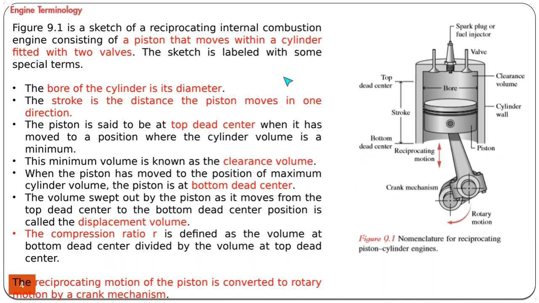So the total volume is just the summation of displacement volume plus the clearance volume. There is also the compression ratio, which is the volume at the bottom dead center divided by the clearance volume. So it's like the maximum volume, the total volume divided by the minimum volume.